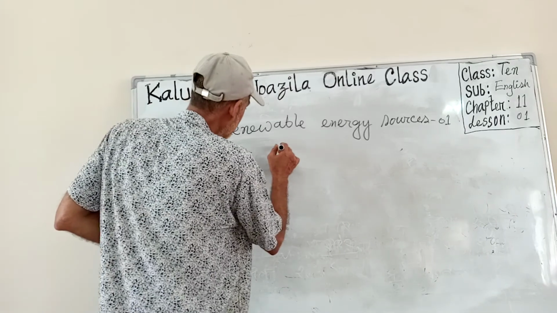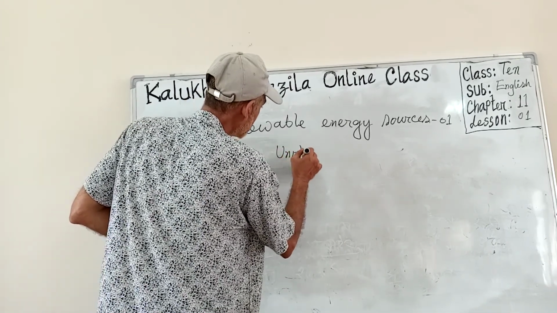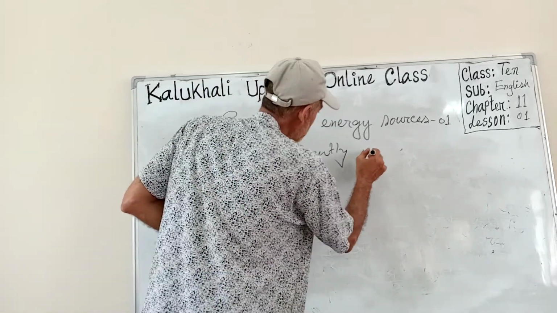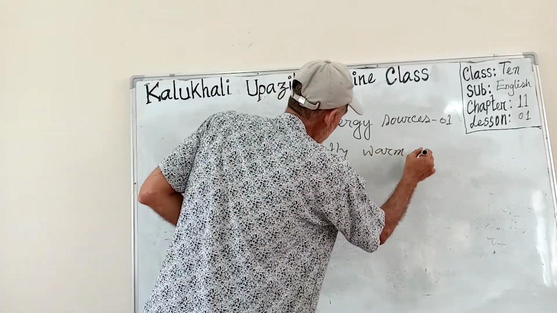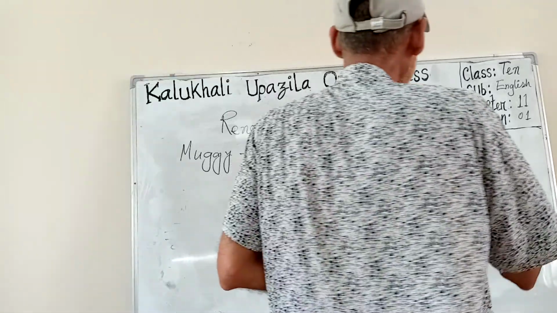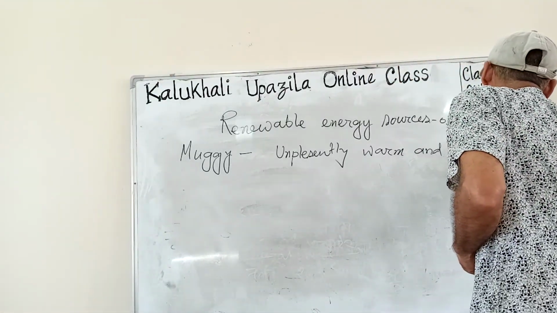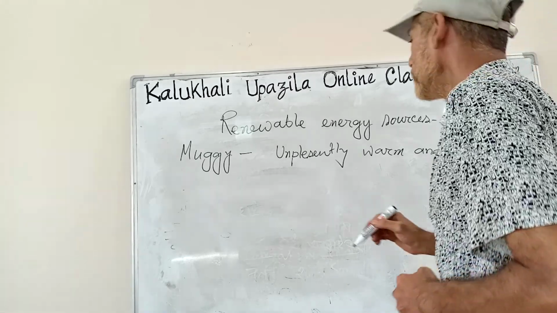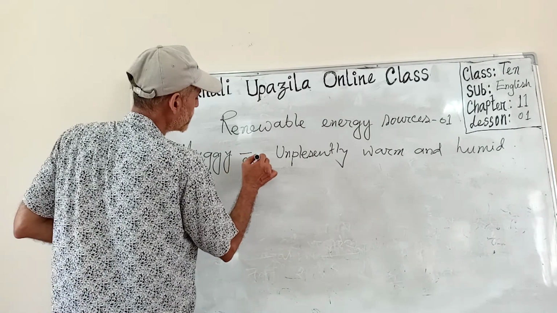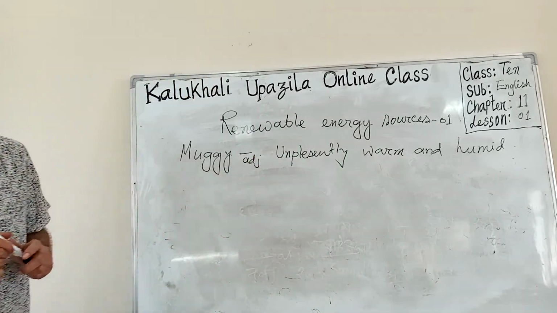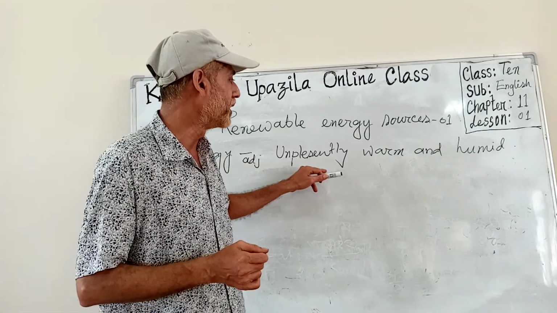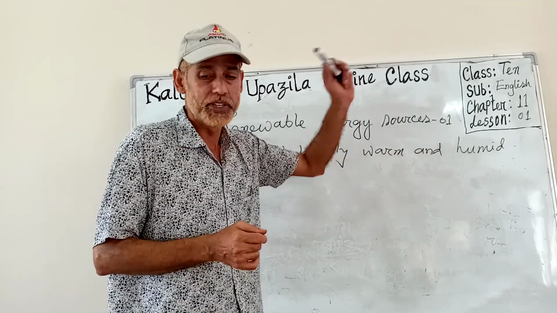It is unpleasantly warm and humid. Muggy is an adjective, and the meaning of muggy is unpleasantly warm and humid.